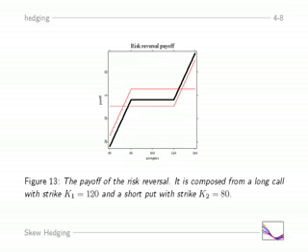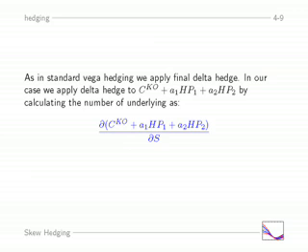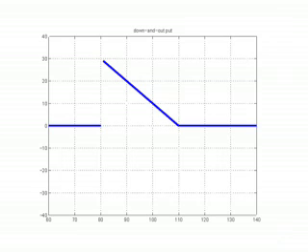So this is long call and short put with different strikes. And of course, at the end, we also apply some delta hedging. So we hedge with respect to the changing of the underlying.